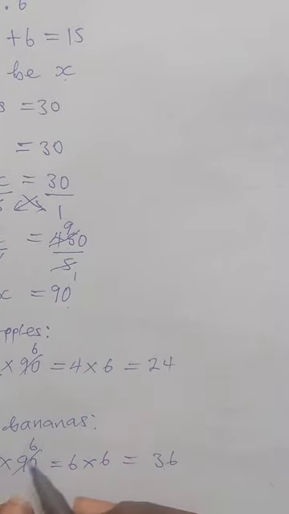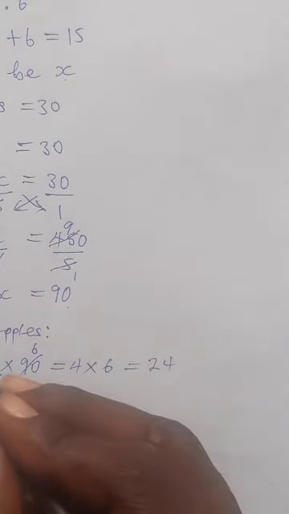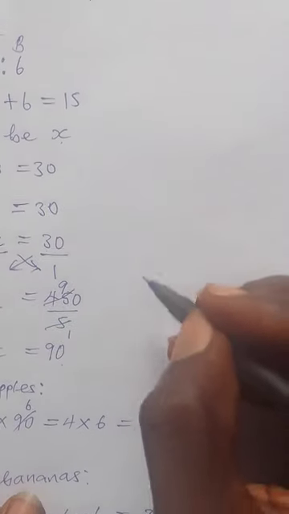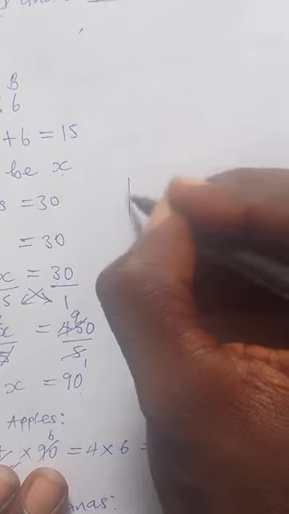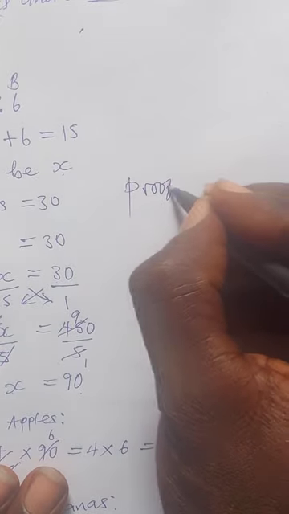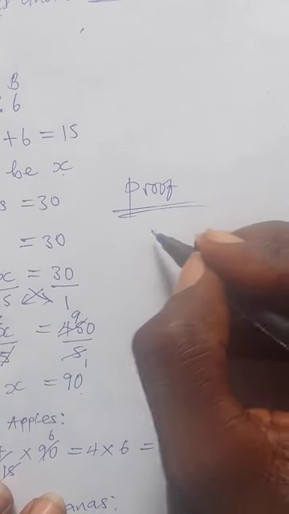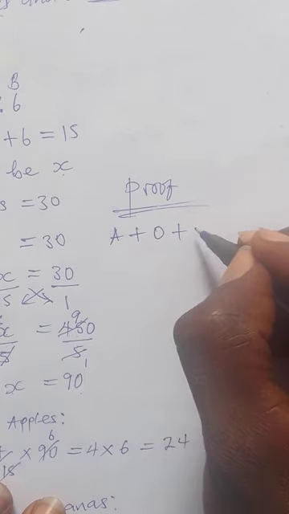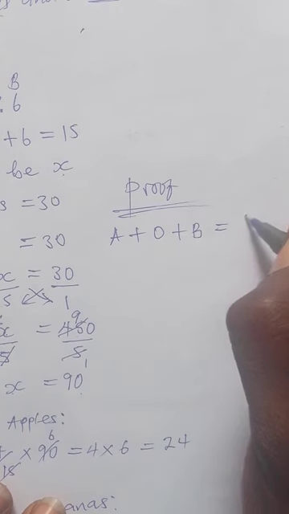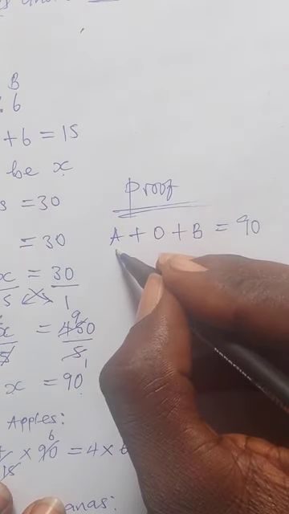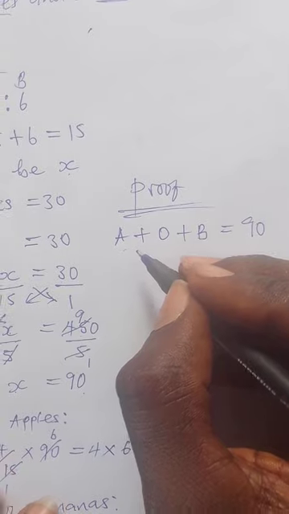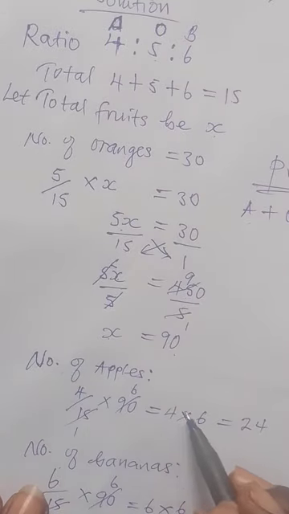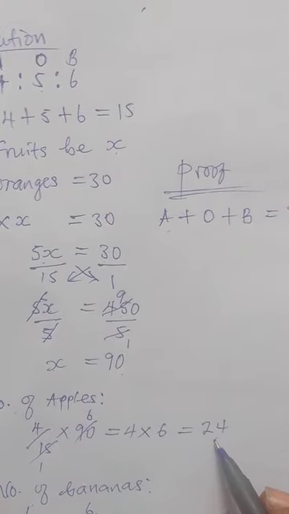Okay, so we observe that the number of bananas is 36, the number of apples is 24, and the number of oranges is 30. So can we prove that? Let's say proof. Okay, let's prove it. Proof: number of apples plus number of oranges plus number of bananas should be equal to 90. What is the number of apples as we have found here? The number of apples as we have found is 24.